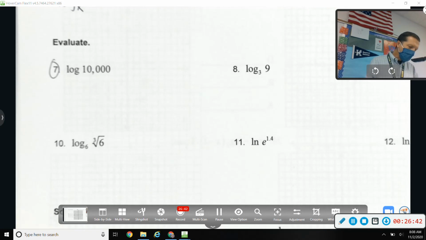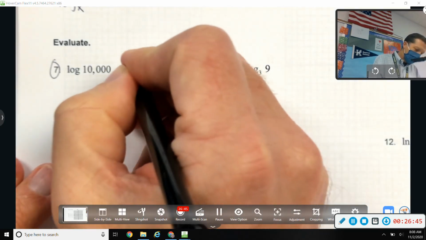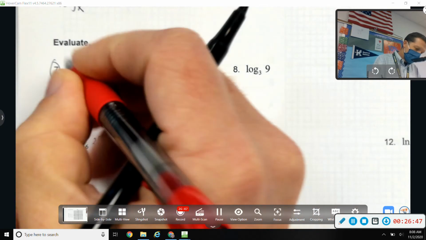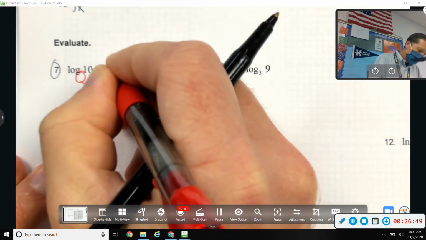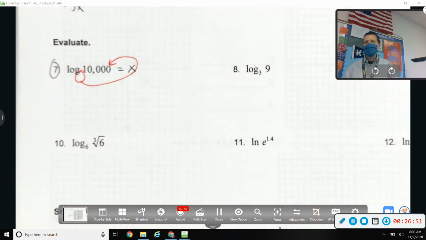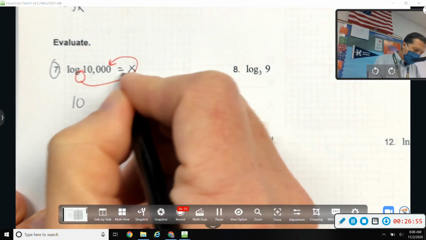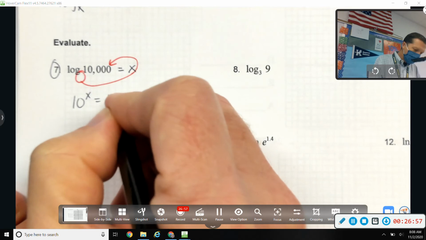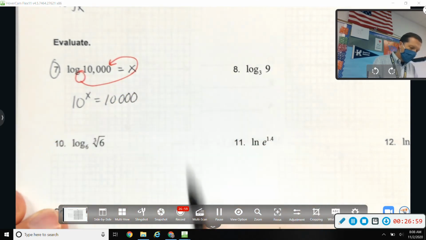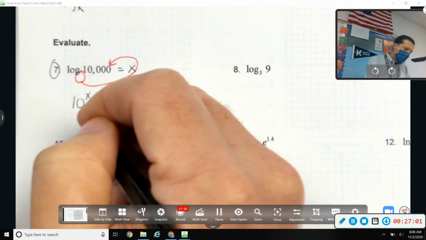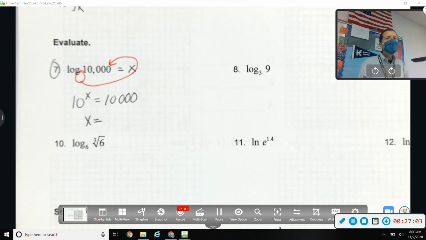Number 7, evaluate. Well, again, I'm not going to evaluate logs. I don't like logs. I'm going to evaluate an exponent. So 10 to something equals 10,000. Well, I guess that requires a little bit of thought, but 10 times 10 would be 100.